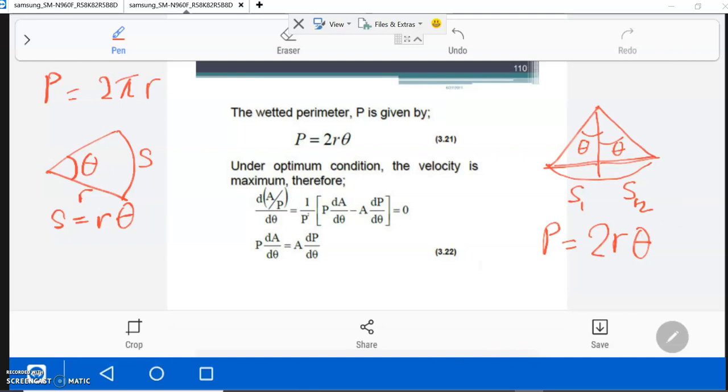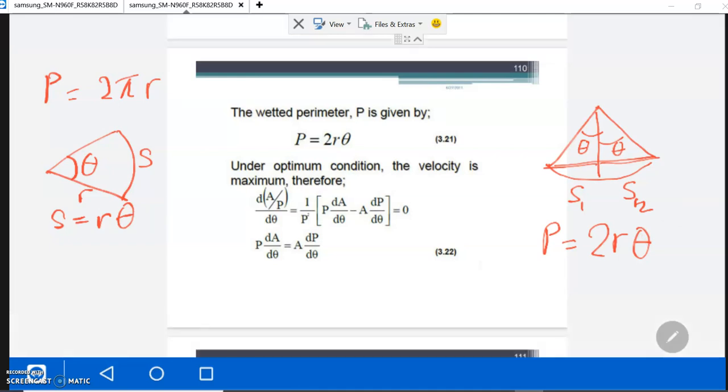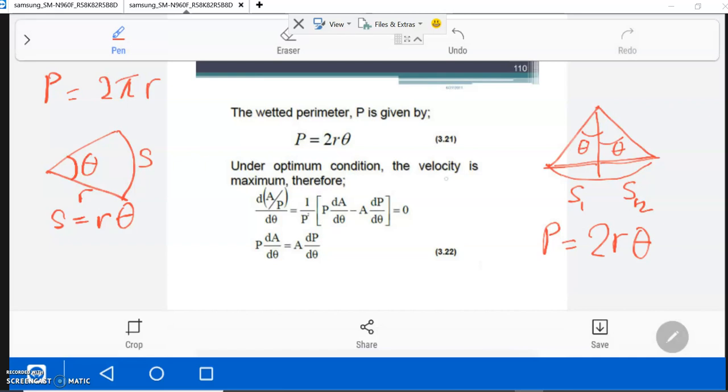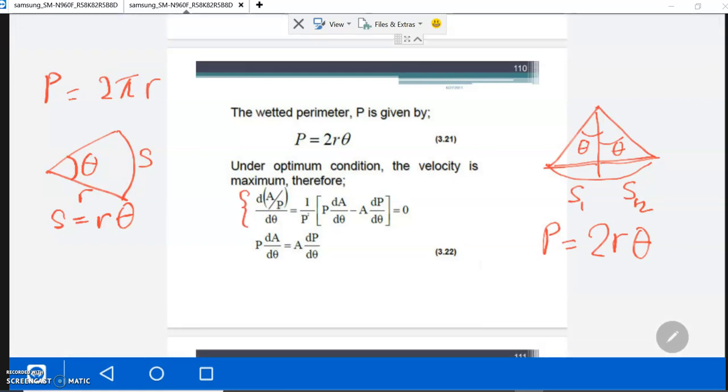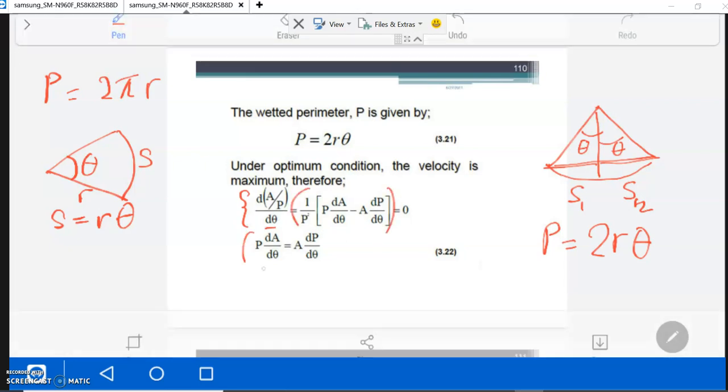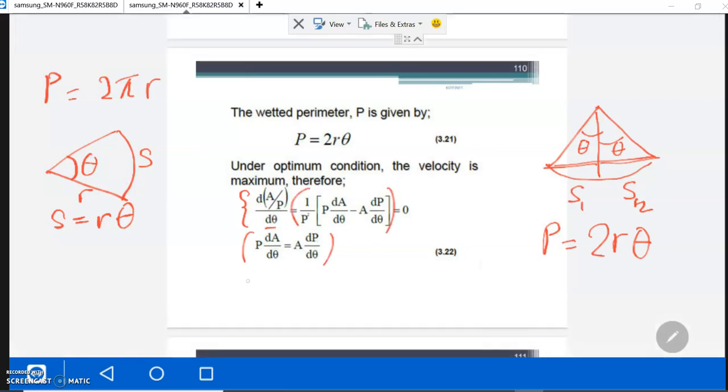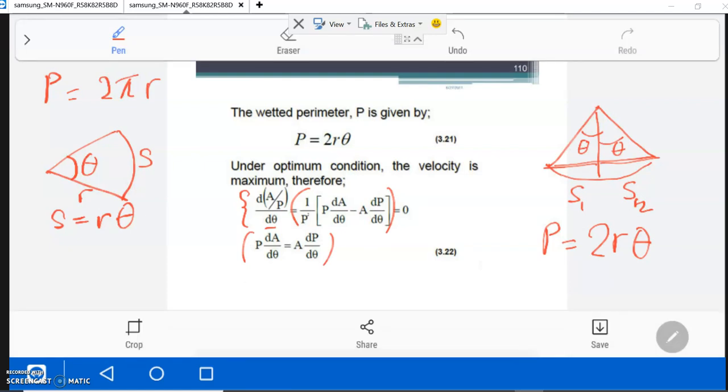So we know that under optimum condition, the flow rate is maximum. Okay. Therefore, we need to differentiate the A over P with respect to theta. So we simplify this one, and then we will get this equation 3.22.